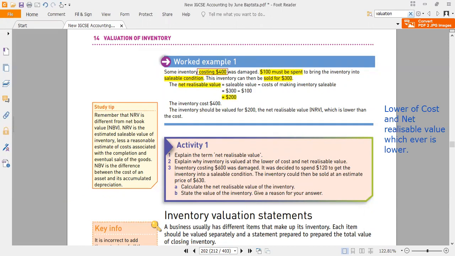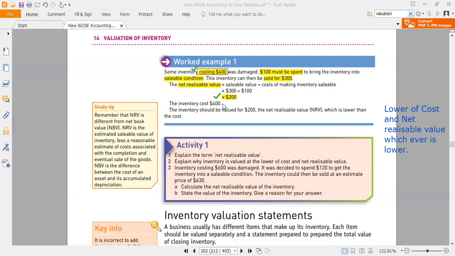So now you have to compute it. Once you have calculated realizable value, you see what we have here. This is the rule: lower of cost or net realizable value, whichever is lower. So in this case, your net realizable value is less, right? So what you have to do? This is the cost 400 and this is realizable 200, so you will record the net realizable value.